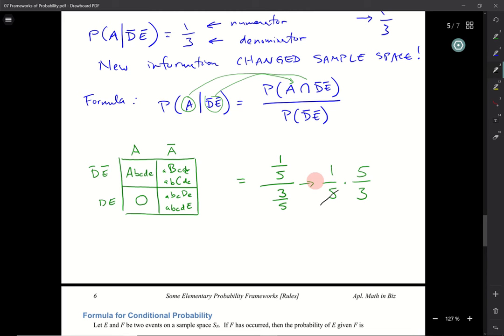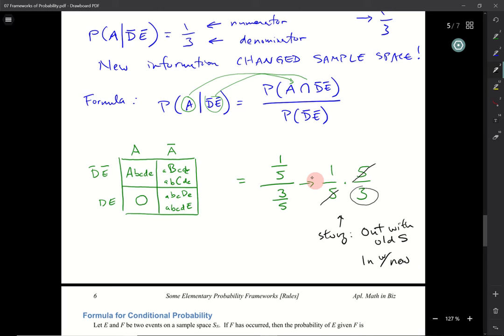This is out with the old sample space and in with the new sample space. Does that make sense? So this story is out with old S, in with new S.